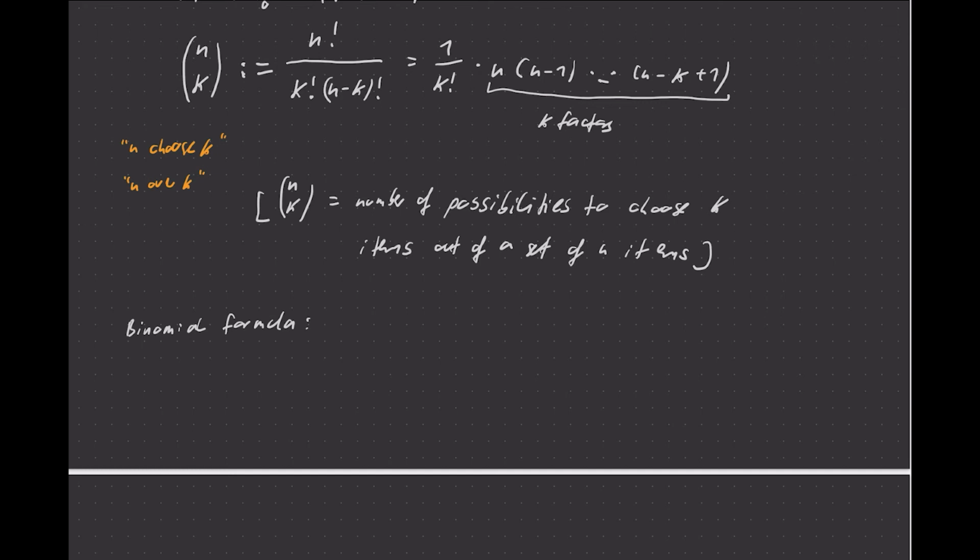Here's a general version of the binomial formula that says for real numbers x and y, we have x plus y to the power of n equal to the sum of k starting from 0 to n, and the summands are n choose k times x to the power of n minus k times y to the power of k. So this is the general case of the binomial formula.